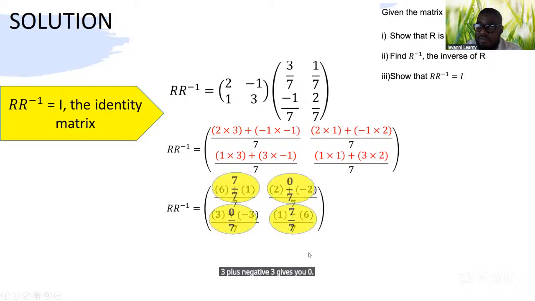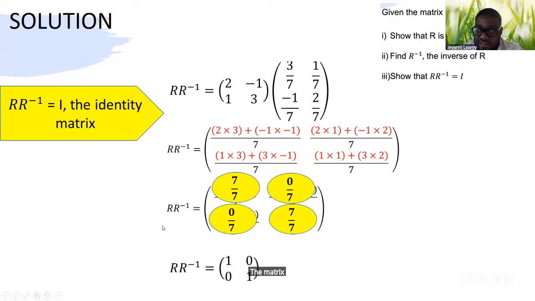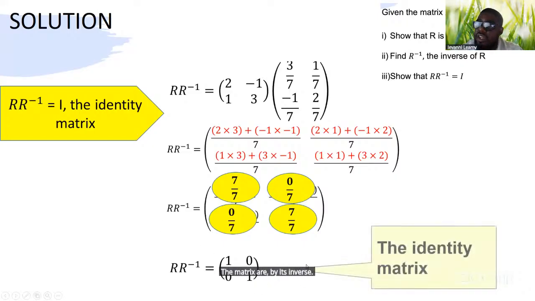And the same for the other one. So it gives you 7/7, 0/7, 0/7, 7/7. So again, you will have to simplify. 7/7 will always give you 1. 0/7 will give you 0. So this is indeed an identity matrix once you multiply the matrix R by its inverse.